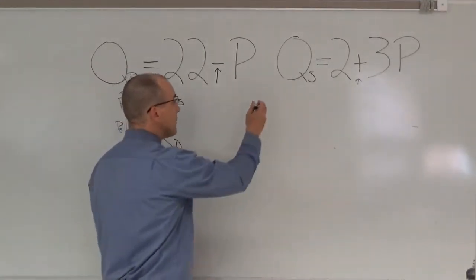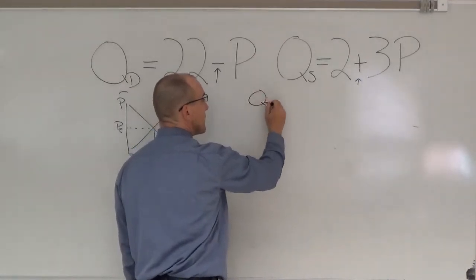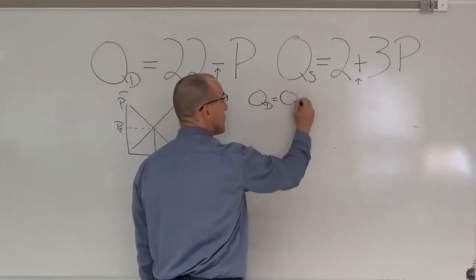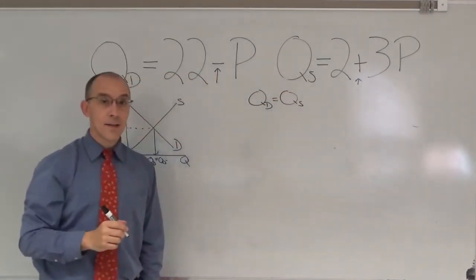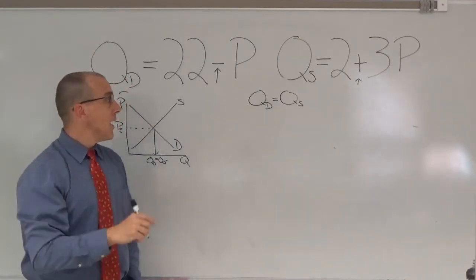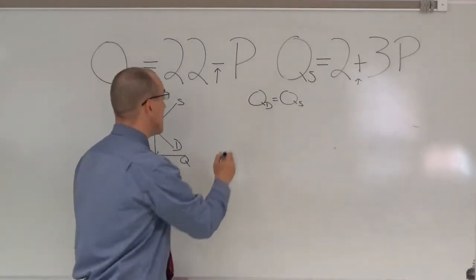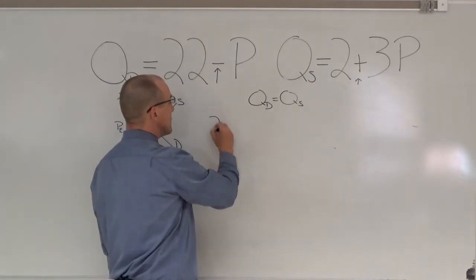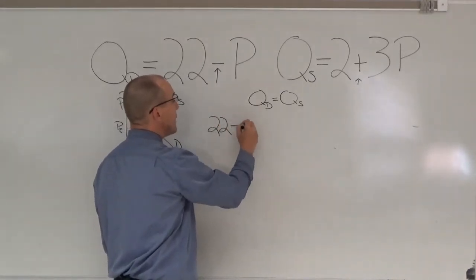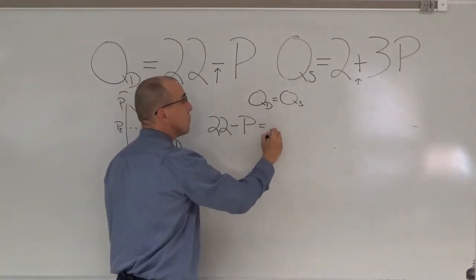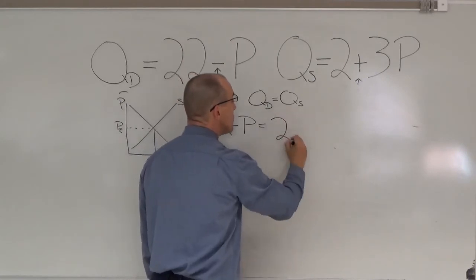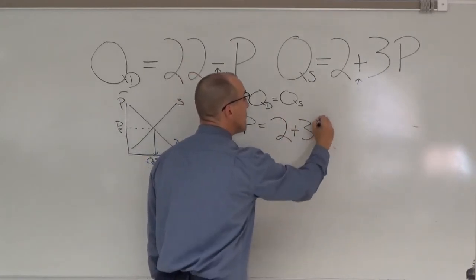So to start off solving this, we're going to lay down the equilibrium condition: quantity demanded equals quantity supplied. And we will fill in the information here. Quantity demanded is 22 minus P, which equals 2 plus 3P.